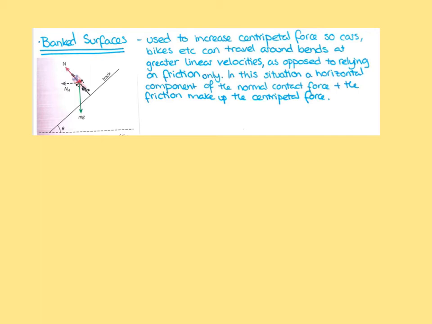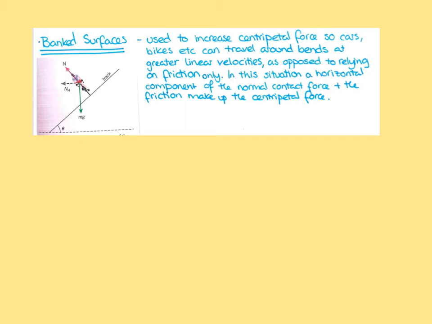A really good example of this is the train track at Clapham Junction. Lots of trains don't stop at Clapham Junction, they go straight through, but it's on a bend. And so if you ever get off at Clapham Junction, you can look at the train track and you'll see that it has been put on a bank so that the trains can travel at greater speeds through Clapham Junction station.